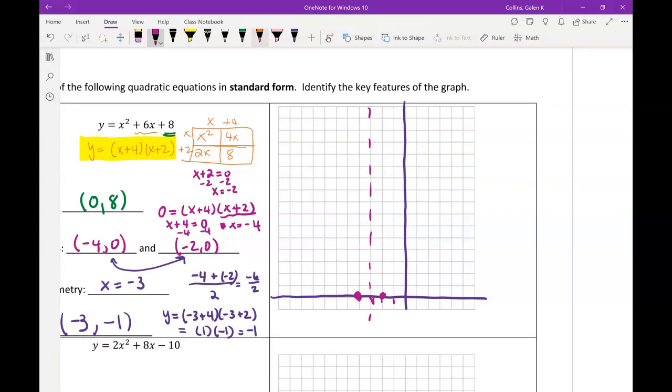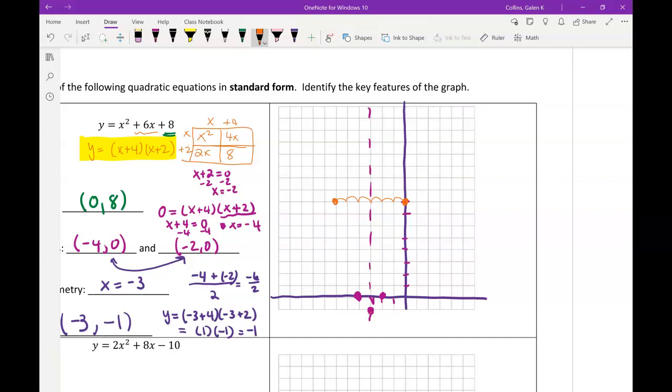All right, I'm really going to get a new battery after this question. Then my vertex point is at (-3, -1), so right here. And then we said our y-intercept is at 8, so if I go up 1, 2, 3, 4, 5, 6, 7, 8, my y-intercept is right here. I could use the line of symmetry to get one more good point from my graph: if this is 1, 2, 3 to the right of my line, I should have a point 1, 2, 3 to the left of my line there.